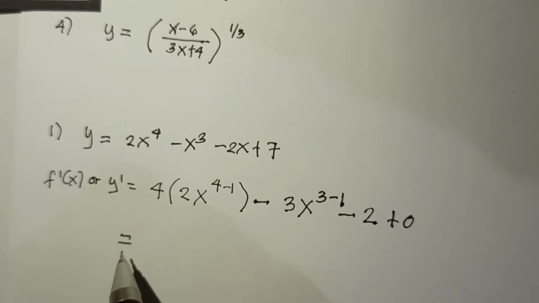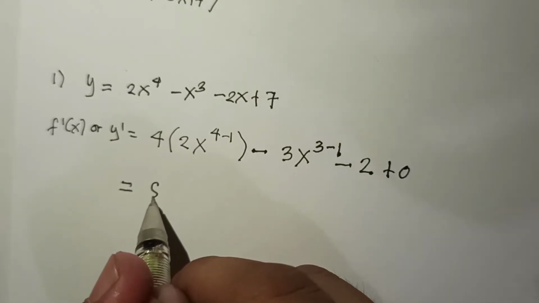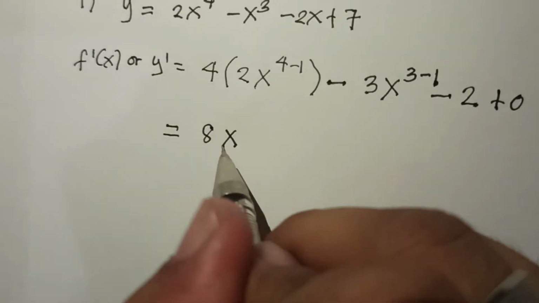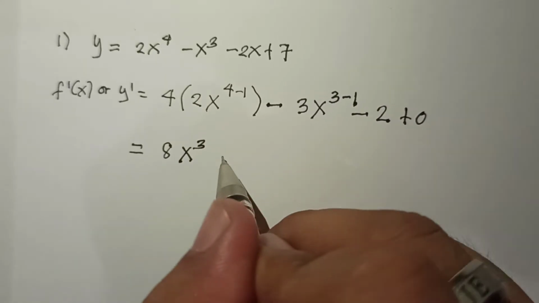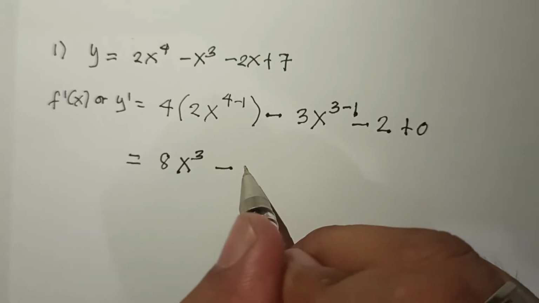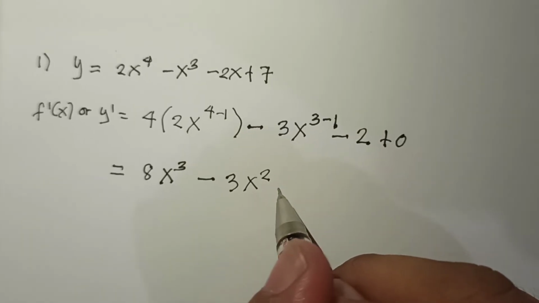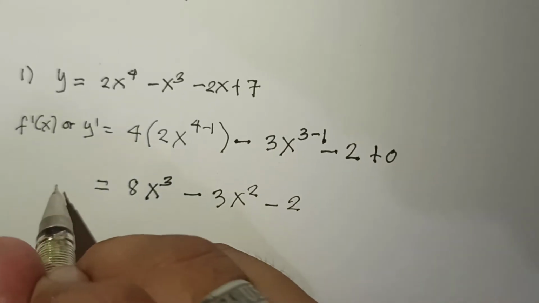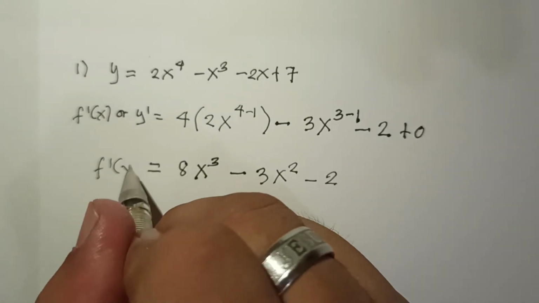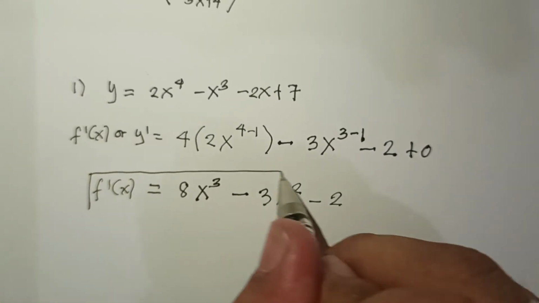So this is 8x cubed minus 3x squared minus 2. So therefore this is the first derivative of this part.